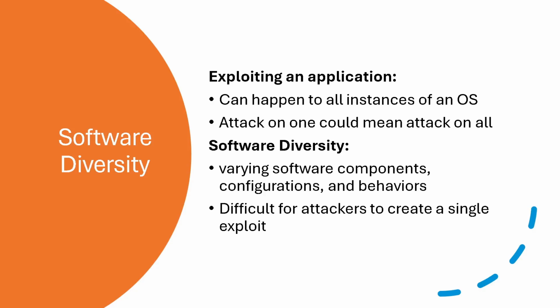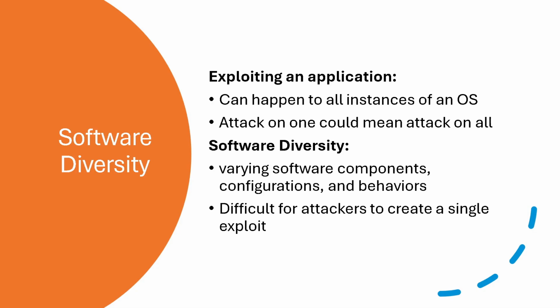Exploiting an application. Exploiting an application involves taking advantage of vulnerabilities in software to gain unauthorized access or cause unintended behavior. Understanding common exploitation techniques is essential for both attackers and defenders in this case.